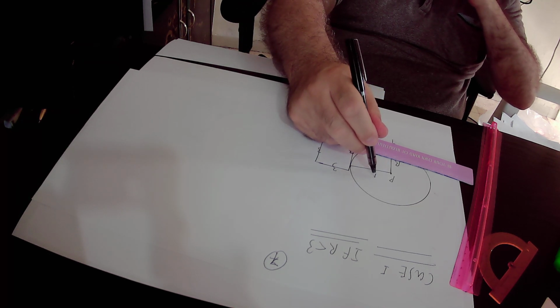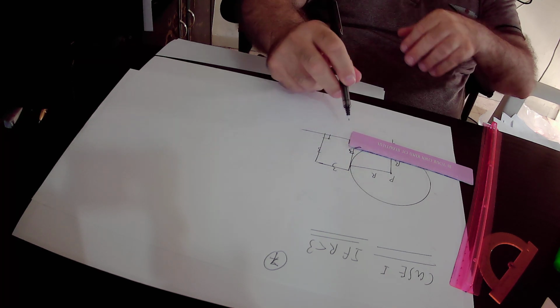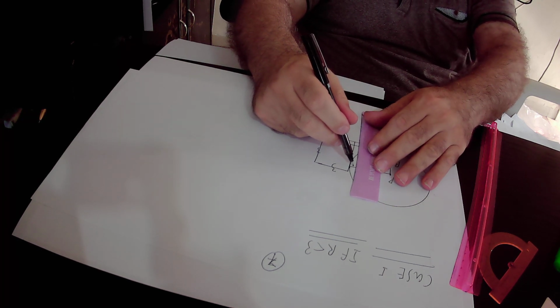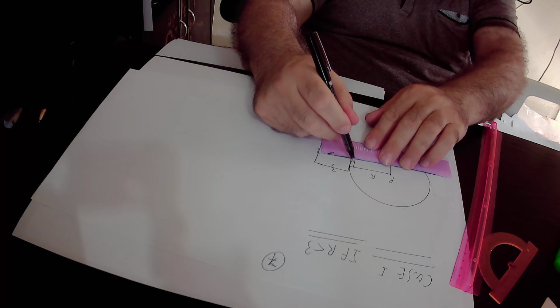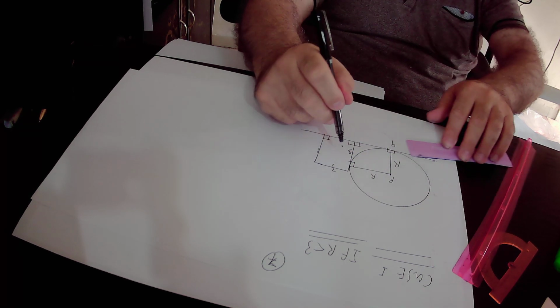Here we have the radius that is drawn to the point of tangency, therefore this angle will be equal to 90 degrees, according to rule number 1, of course.